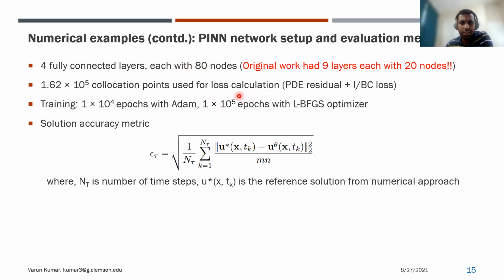They use 10,000 epochs with the Adam optimizer and 100,000 epochs with the LBFGS optimizer for training their PINN model. And the metric they're using for calculating accuracy is given by this equation, where they subtract the output from the neural network from the field value that you get from the numerical approaches, which is basically the ground truth for them.